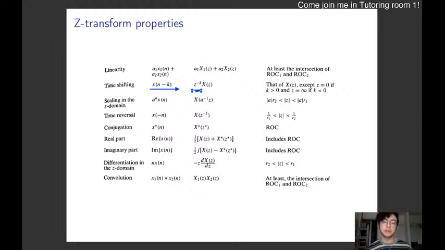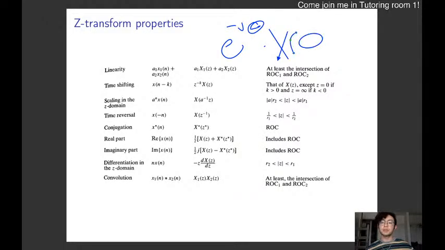Notice that this is very similar to the Fourier transform properties, where if we shift in the time domain, then we get an e to the minus j omega times our X. This is the property as it looked in the Fourier domain.